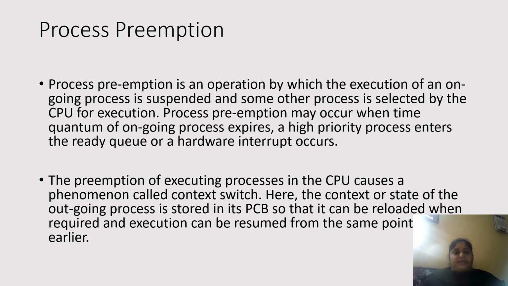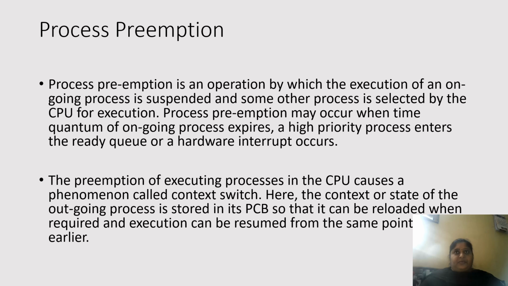The preemption of the executing process in the CPU causes a phenomenon called context switch. Here the context or state of the outgoing process is stored in the PCB so that it can be reloaded when required and execution can be resumed from the same point as earlier.